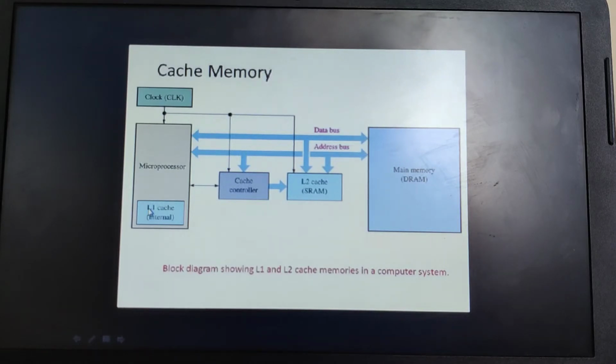I hope you are able to understand. But it is quite less expensive comparatively to the SRAM, and the access speed of this dynamic random access memory is 50 to 150 nanoseconds. Then we have again the two types of dynamic random access memory, that is synchronous dynamic random access memory and the double data rate synchronous dynamic random access memory.